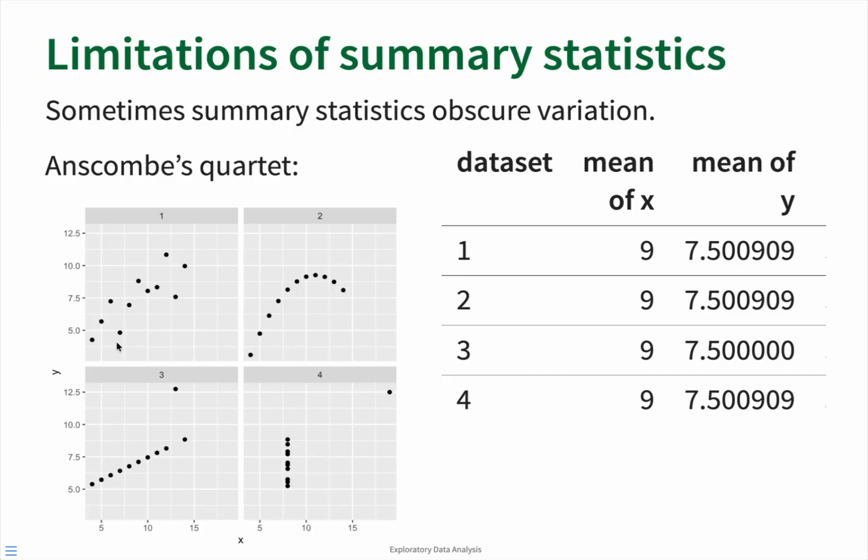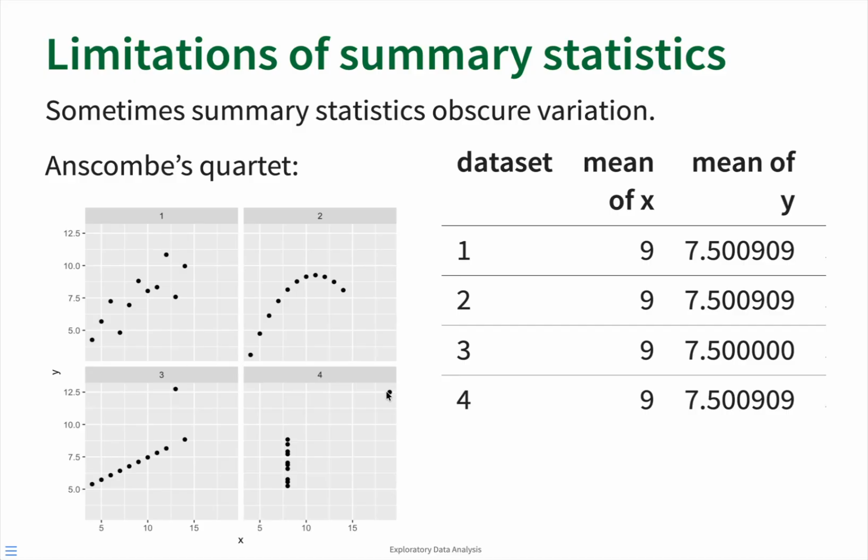And each one of these clearly has quite a different pattern, right? We have this sort of linear relationship here in this first plot, a curved relationship here in this second plot, a very precise linear relationship here in this third plot, but with one outlier, and here just a vertical series of points, again with one outlier.